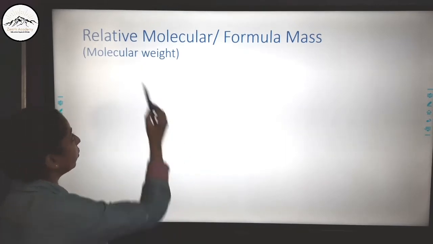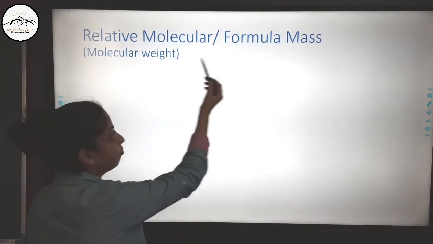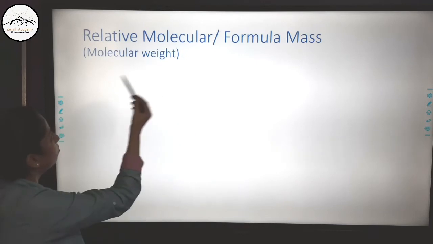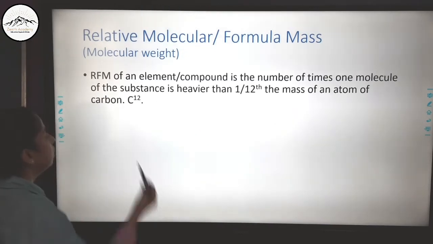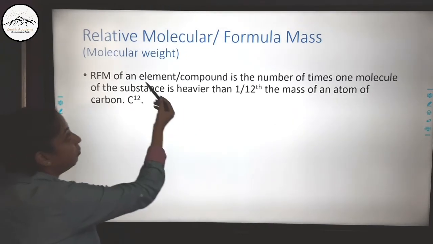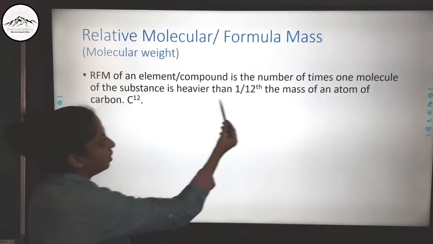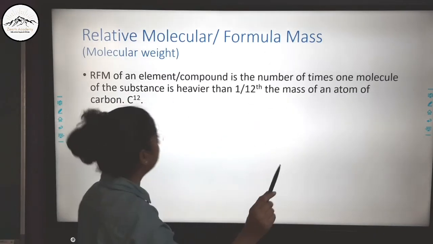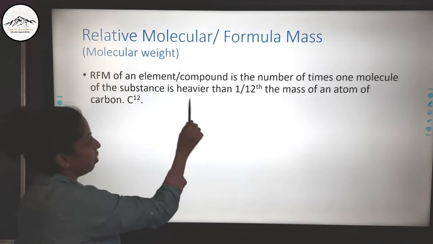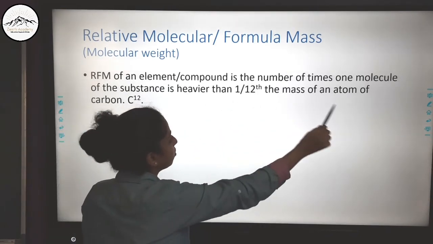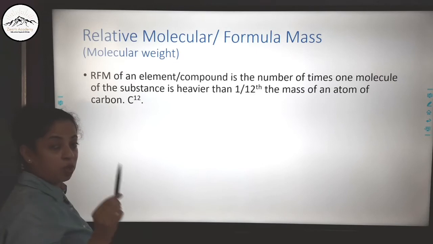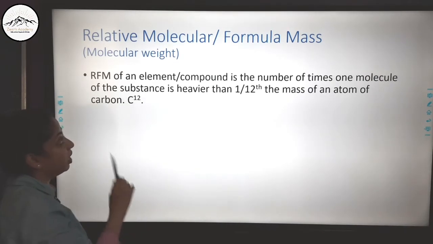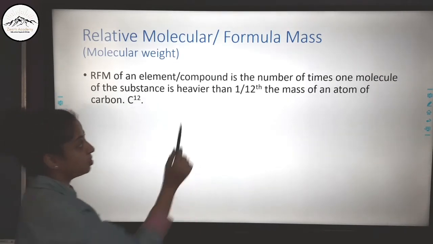Now let's talk about relative molecular mass or relative formula mass. This is nothing but molecular weight. So the relative formula mass of an element or compound is the number of times one molecule of the substance is heavier than 1/12 the mass of an atom of carbon 12. If you compare both the definitions, relative atomic mass and relative formula mass, there is a difference.